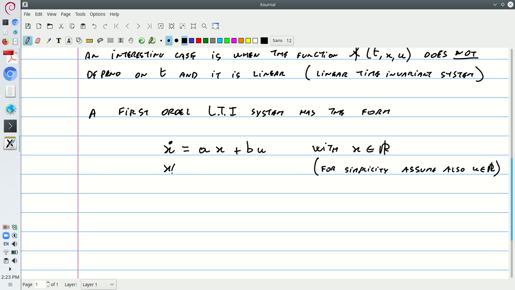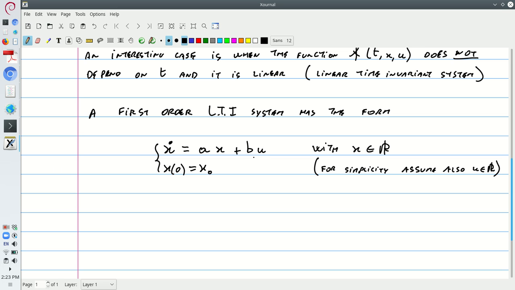Of course we can put our initial condition, x at time 0 is going to be given by a certain quantity that we know, and of course this quantity has to be scalar because the system is a first order system.